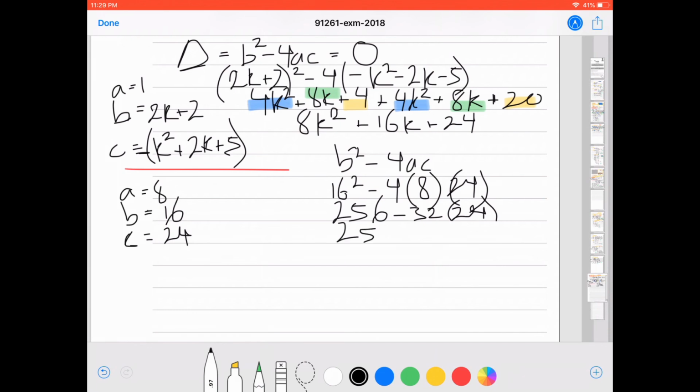So 256 minus 768. The answer is more or less irrelevant because we're talking about the discriminant here. Basically, it's going to be a negative number, so negative 512 is the answer.